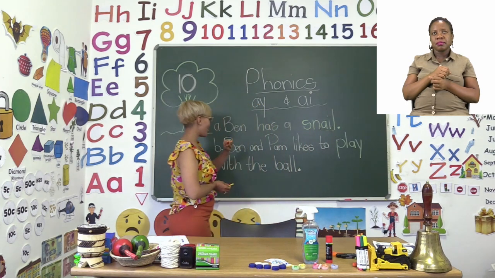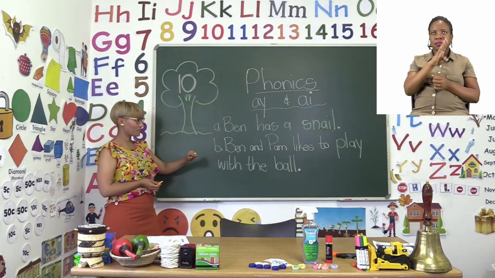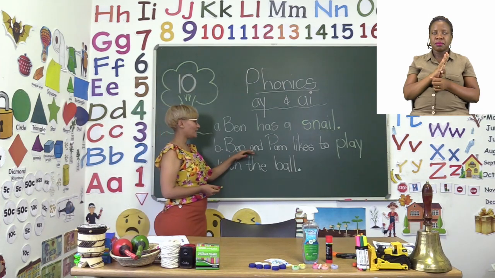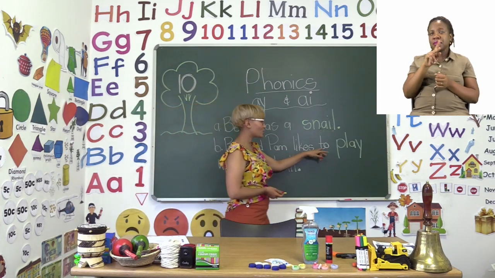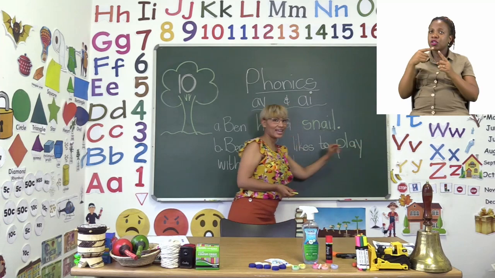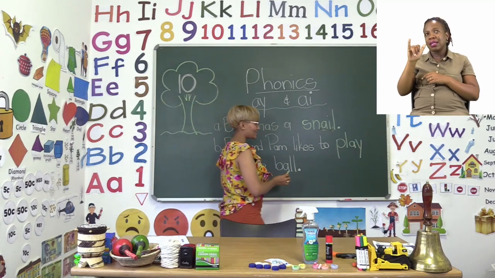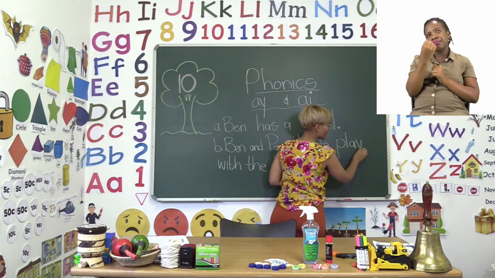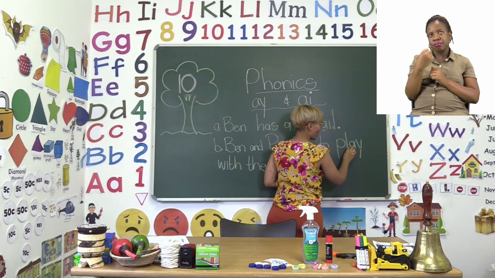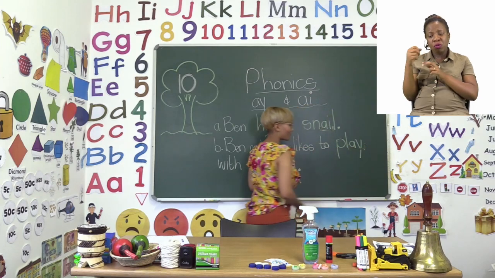All right. For B, the sentence reads, Ben and Pam like to play with the ball. But for this sentence, you can see that we are now using the AY digraph.